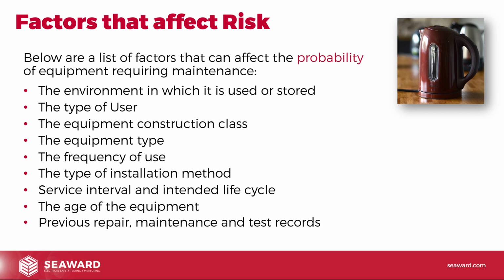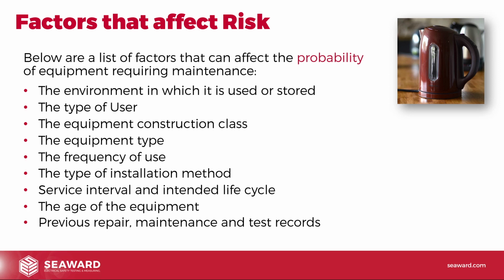Now, one that I've kept to the end because I think it's really, really important to mention is previous repair, maintenance and test records. The best evidence that we can have of the probability of these things needing maintenance is our own previous records, because that's the records of that equipment in our environment with those users, and it's accurate, really accurate real world data.